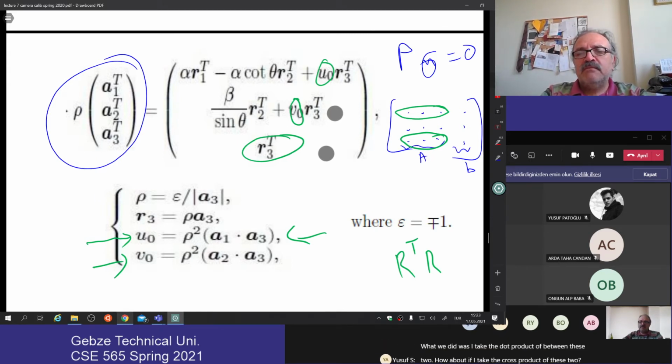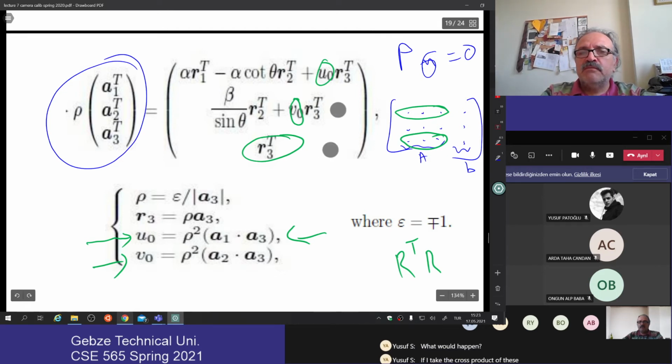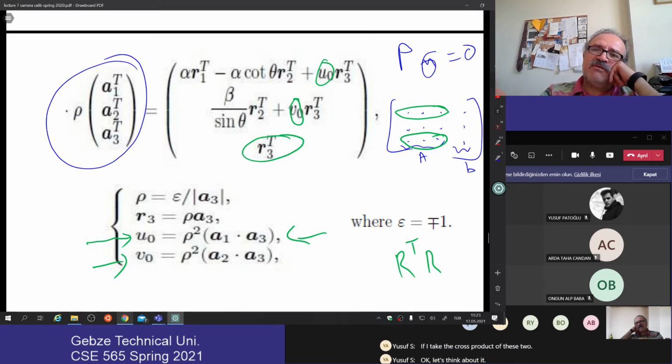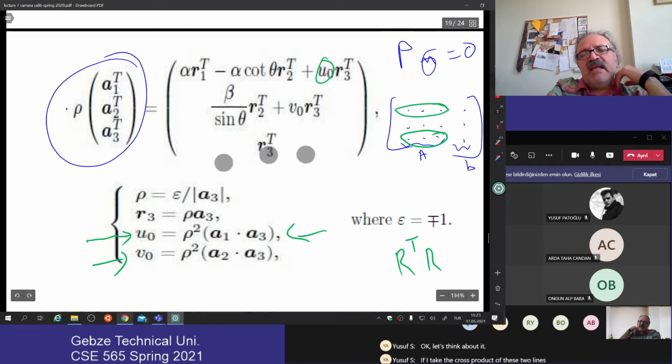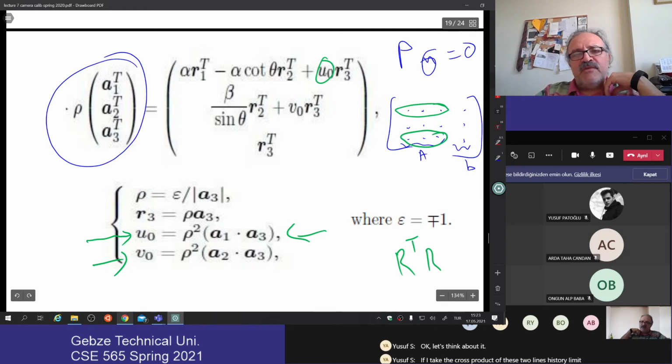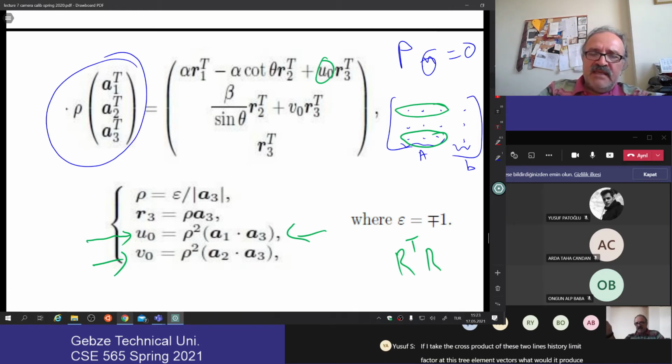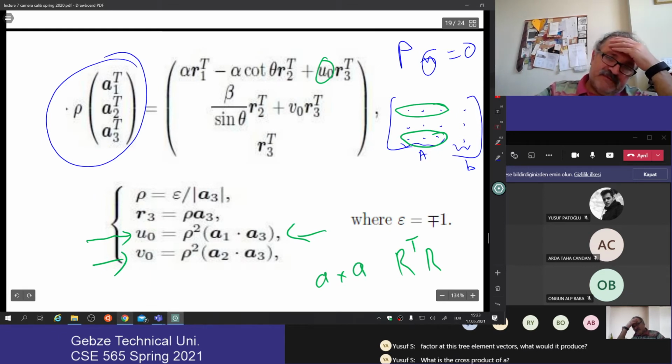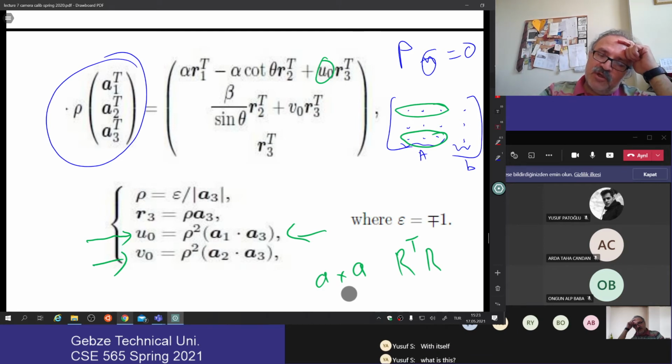What would happen? If I take the cross product of these two lines, this 3-element vector and this 3-element vector, what would it produce? What is the cross product of A with itself? If I take the cross product of A by itself, what would I get?